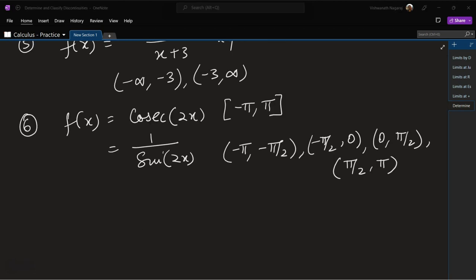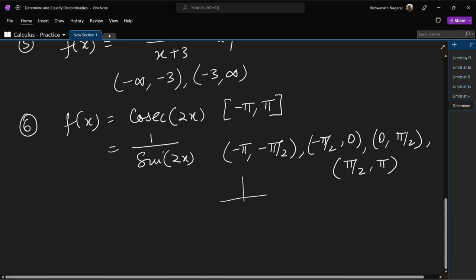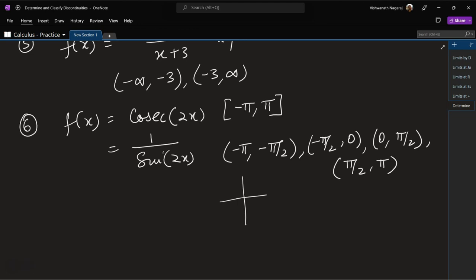Now just to verify, what we can do is we can draw the graph, right, and do the substitutions. Minus 2 pi is a complete anti-clockwise direction, which means it comes back to 0. So sine 0 is 0.